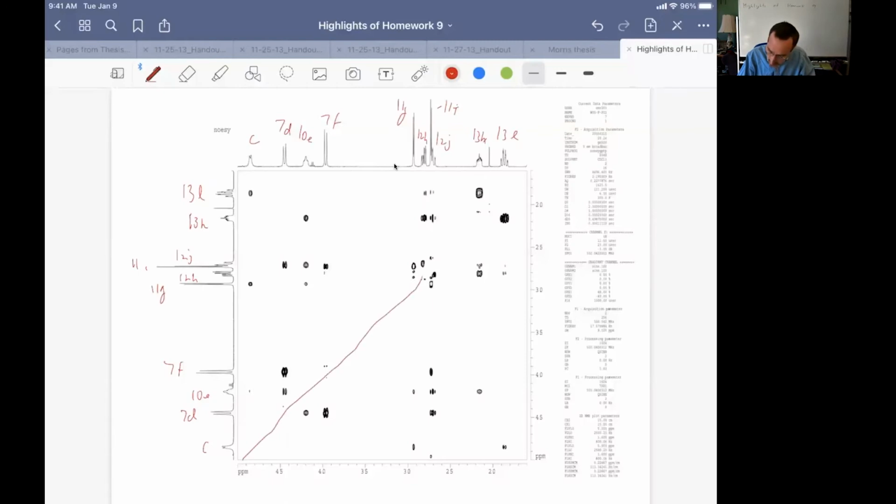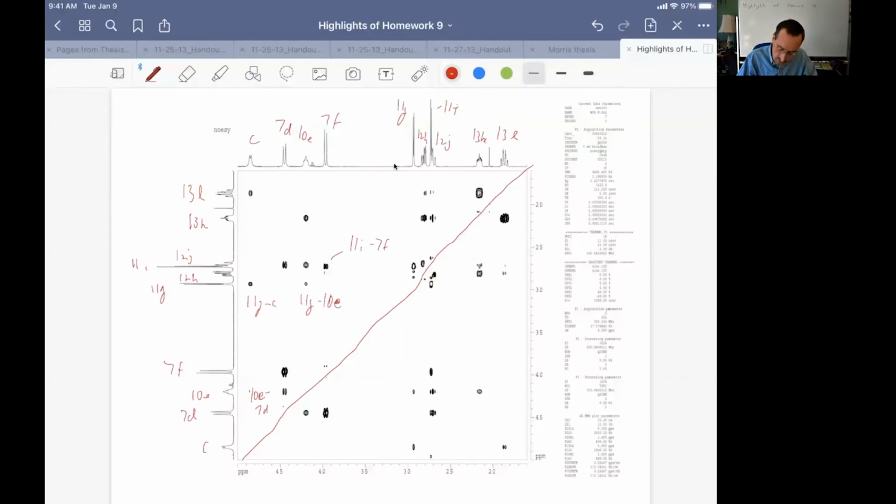So our diagonal basically is here, and anything you're seeing is right on the diagonal. So you're going to start to pick out your cross peaks like 10E with 7D, 11G with C, 11G with 10E, 11I with 7F.